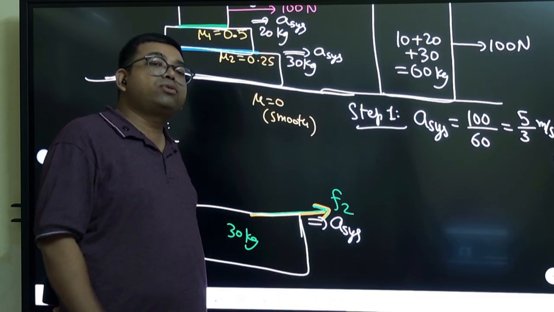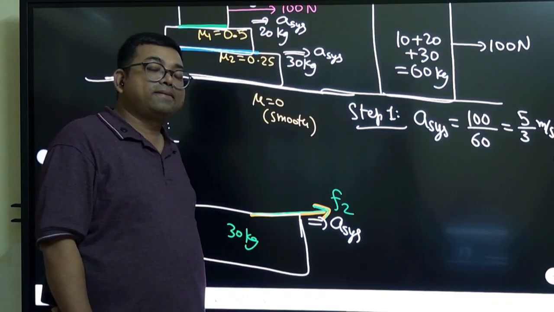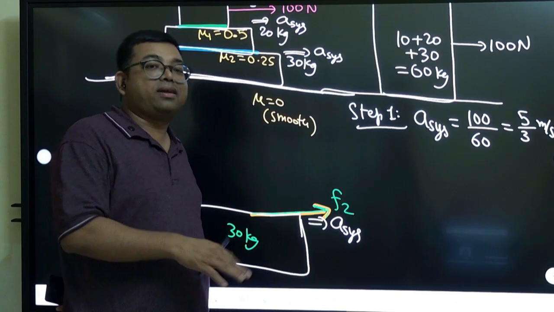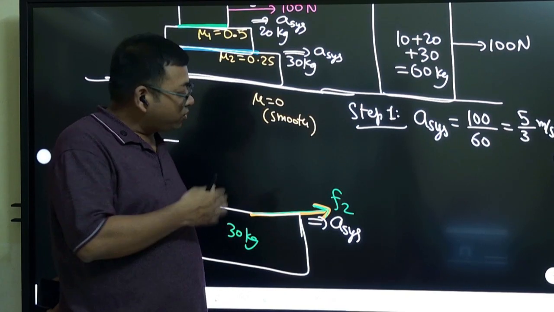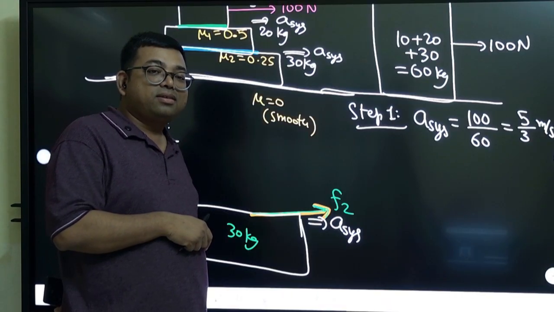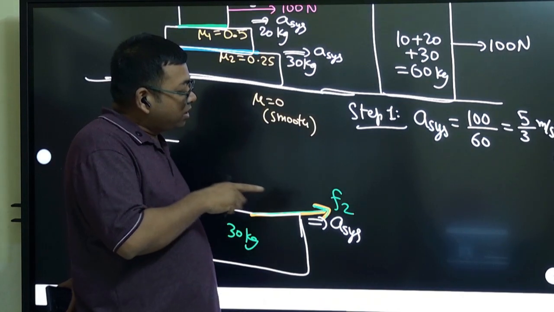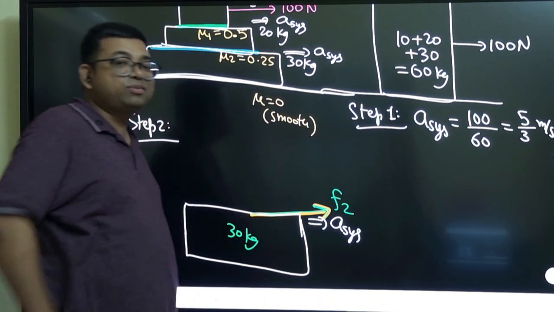Which direction must the net force be? That is why the only force must be friction, there is no other force. That is why friction has to act, because this is the net force on this body, right?